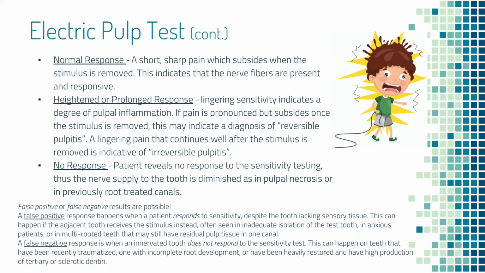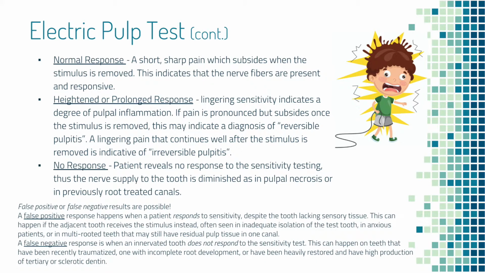So a normal response is the patient will feel, so you should be sure to tell the patient that it's not a painful procedure. You just feel a tingling sensation, and then they'll raise their hand or they'll let go of the metal rod. So the normal response is the short, sharp pain, which will subside when the stimulus is removed.